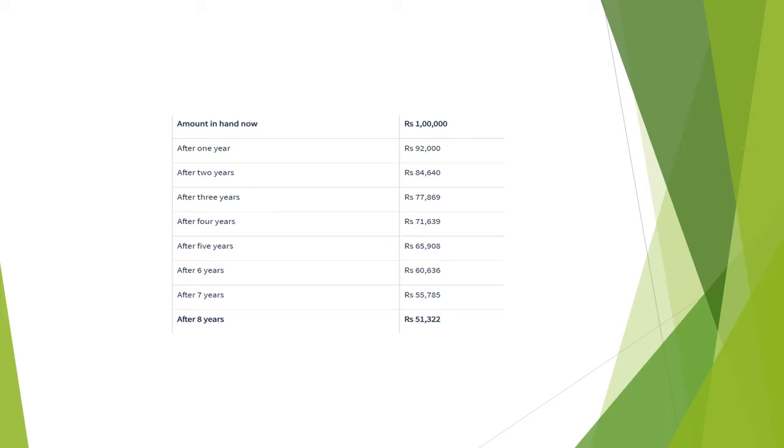This year's 1 lakh is equal to 77,869 after 3 years. Similarly, we can compare that the 1 lakh value after 8 years is 51,322. That means inflation kills the value of currency. So for overcoming this effect, we have to have a proper investment. Otherwise, we'll be in trouble, and we will lose a great deal of control over life.